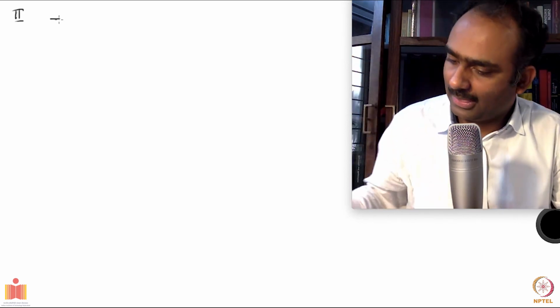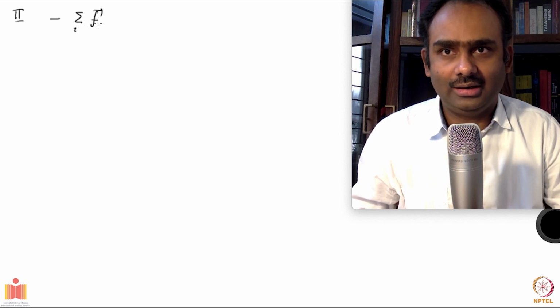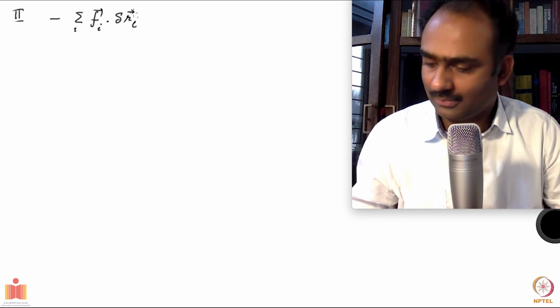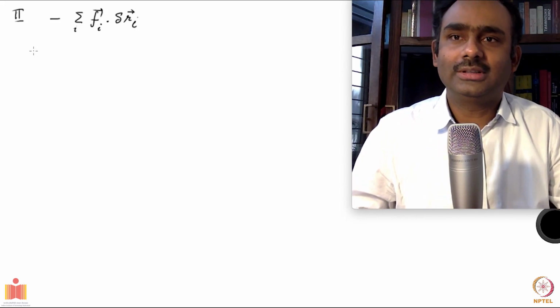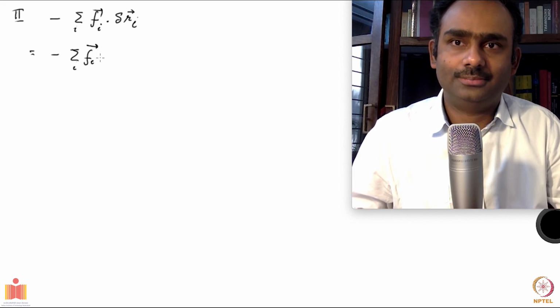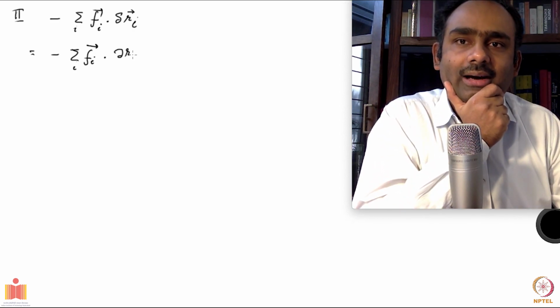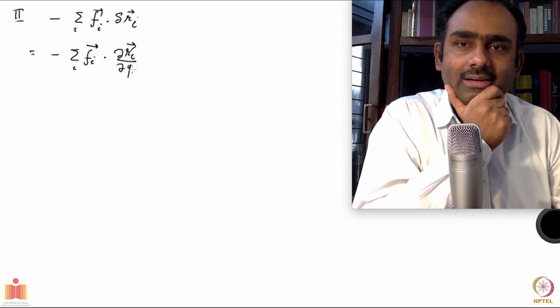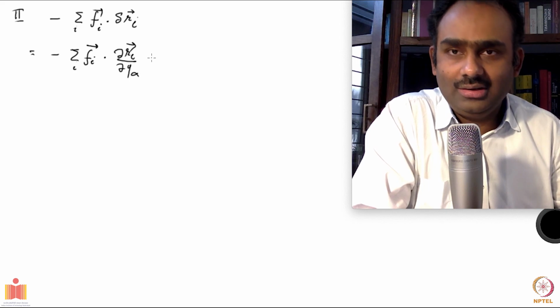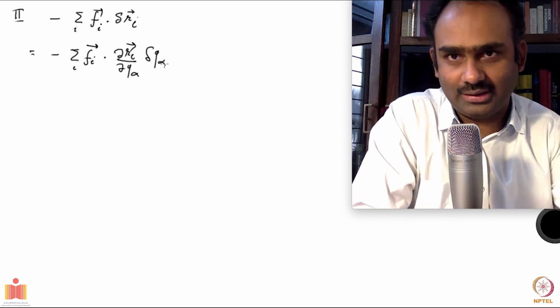So the second term was minus the summation over all the particles of Fi dot delta ri, which is the same as minus the summation over i of Fi dot del ri over del Q alpha delta Q alpha. These are virtual displacements, that's why the time part is gone.